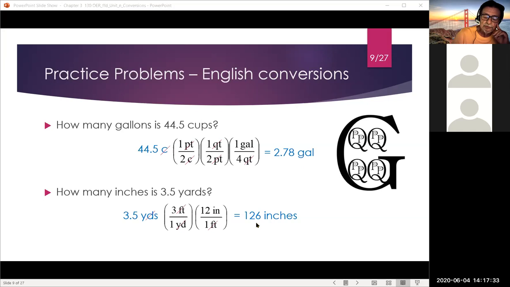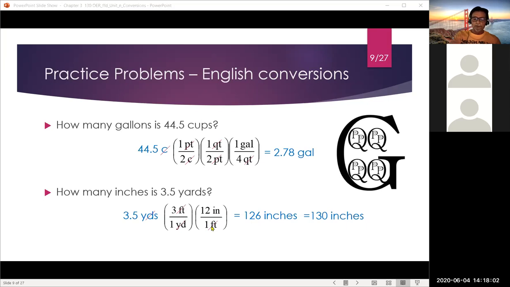So we need to convert 126 to 2 sig figs. We go to the number 2, which is the 2 sig fig position. We need to determine, does that 2 remain 2 or go up? We look at the neighbor, which is 6. That means that the 2 becomes a 3. Okay. And so our answer with the correct significant figures is 130 inches.